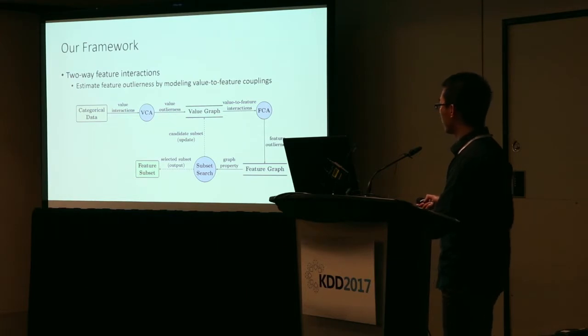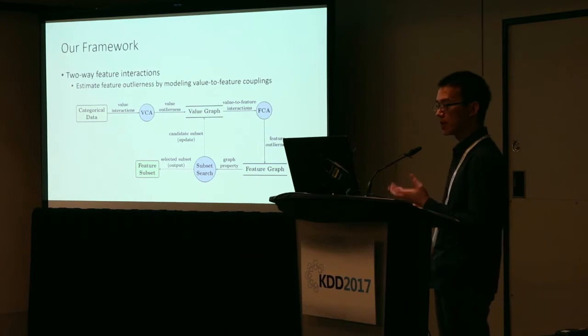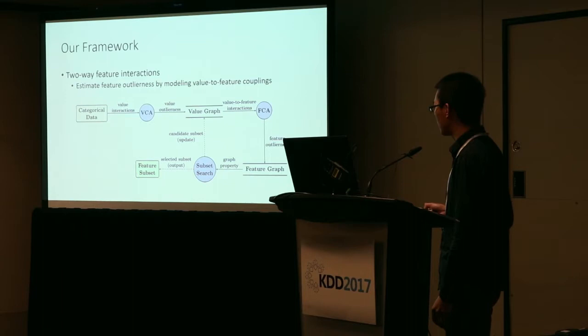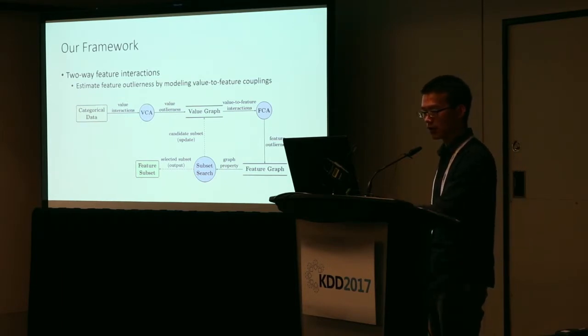After obtaining the value outlyingness, by utilizing the value-to-feature interactions, we can infer the feature outlyingness and build the feature graph. Having the feature graph, we can use many of the off-the-shelf graph mining methods to find a feature subset from the feature graph to use for the subsequent outlier detection.